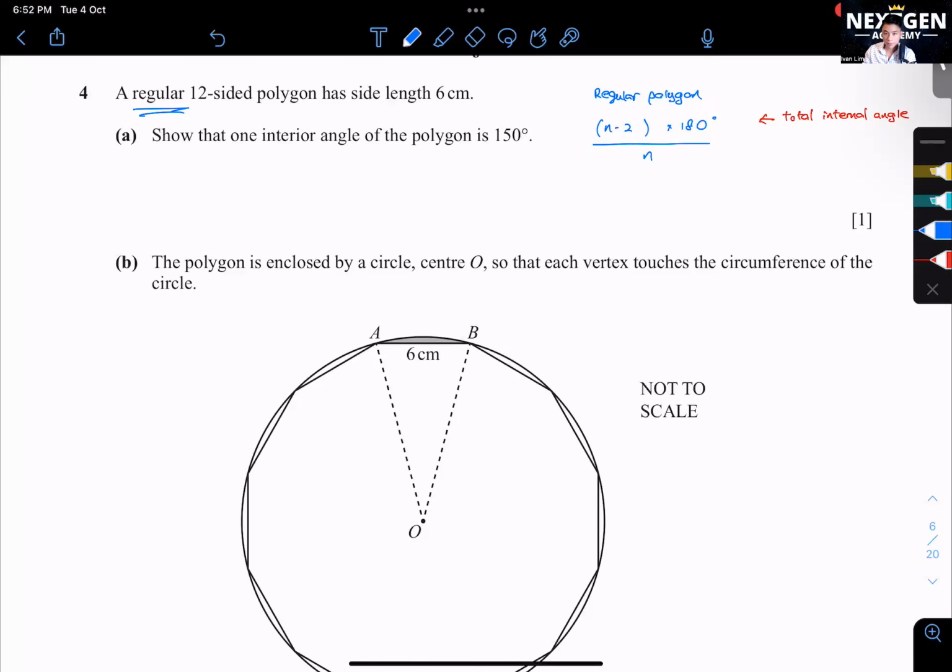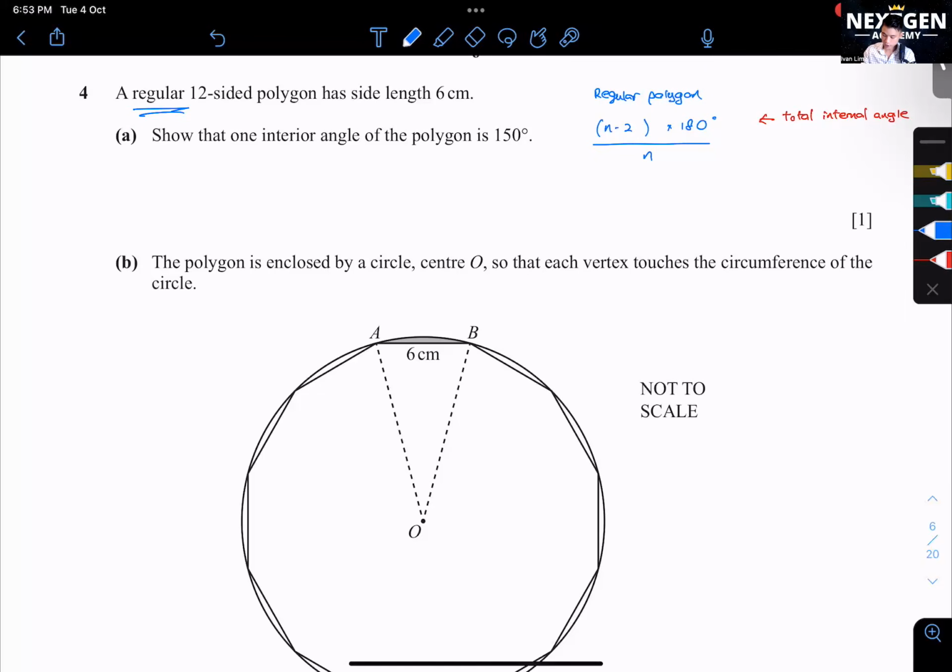When you divide by n, you find the angle for one side. n minus 2 times 180 finds the total of all the angles for any polygon. Then you divide by n. This only applies to one angle of a regular polygon. Regular polygon means all the sides are the same, and when all the sides are the same, all the angles will be the same also.